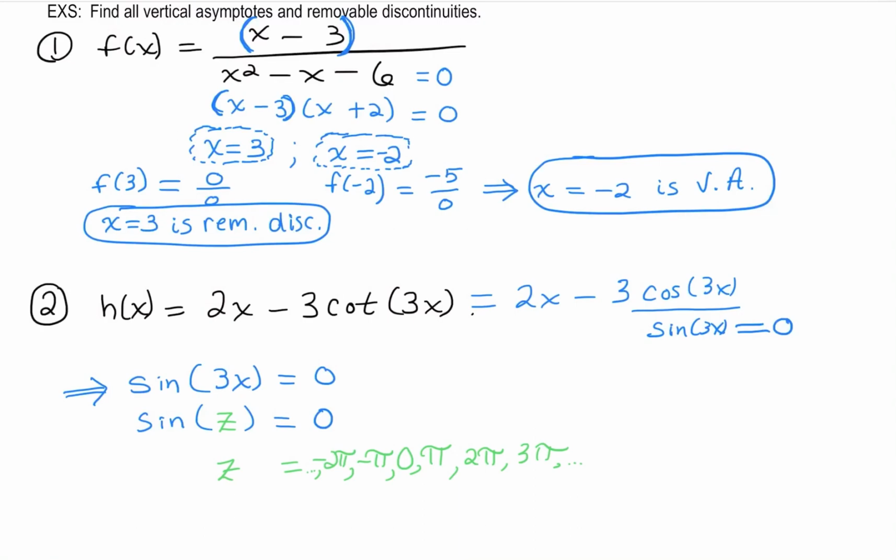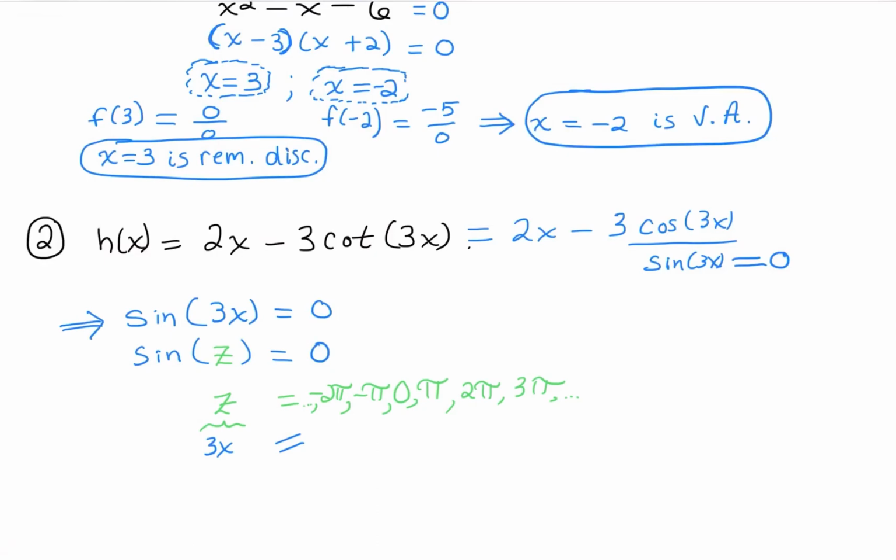But z was really just a temporary way to think about this. z is really equal to 3x. So I'm thinking about where 3x is equal to all of these values. And so what we do then is we solve for x by dividing both sides of these, what really is representing many equations.